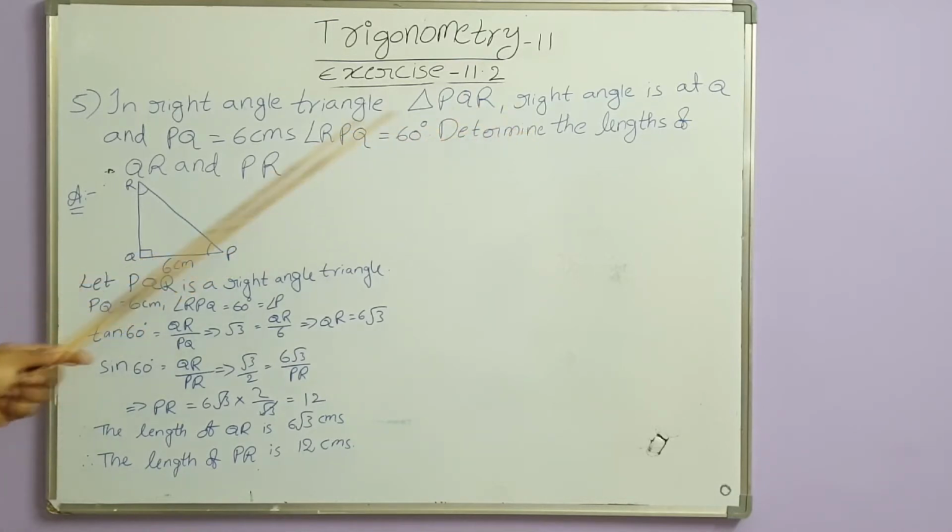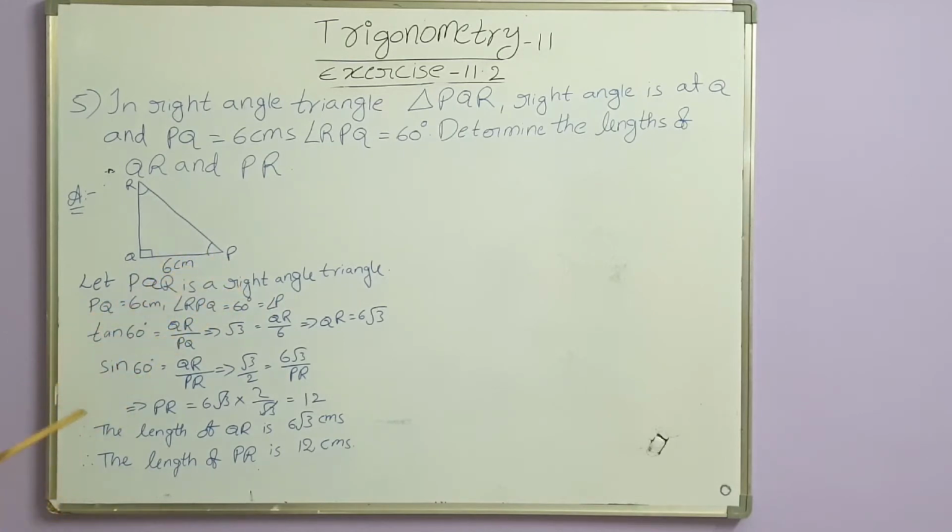Determine the lengths of QR and PR. Now here, PQR is a right angle triangle, PQ is 6 centimeters, and angle RPQ, the angle at P, is equal to 60 degrees.